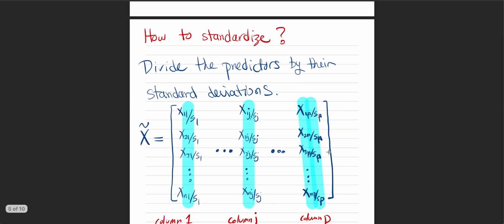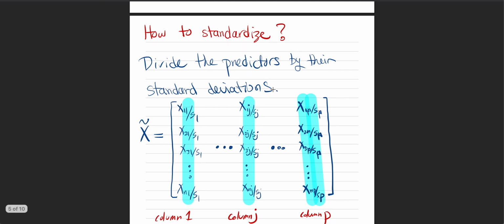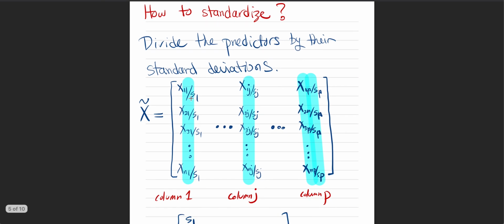So how are we standardizing here? We divide the predictors by their standard deviation. So the first column is divided by the standard deviation of the elements in the first column.